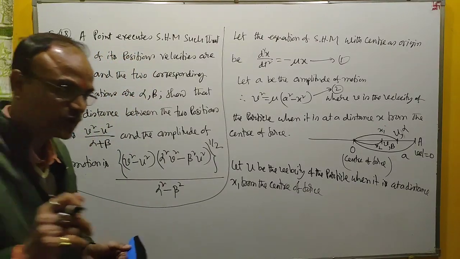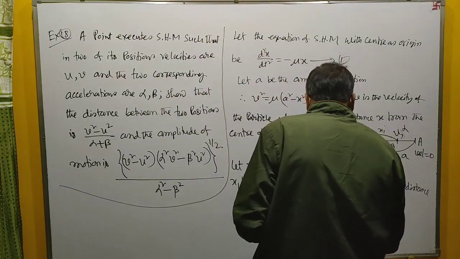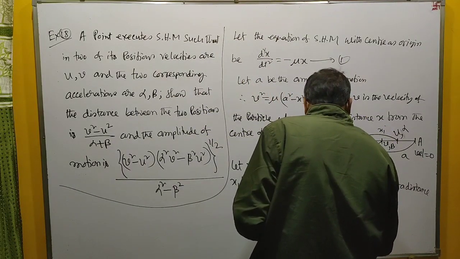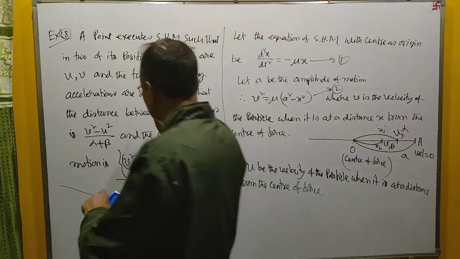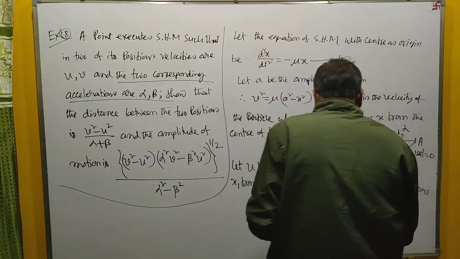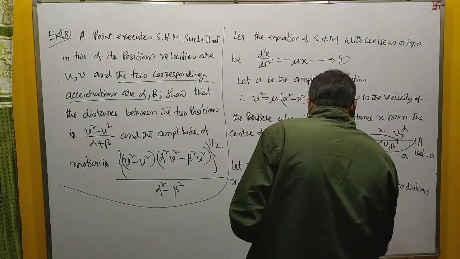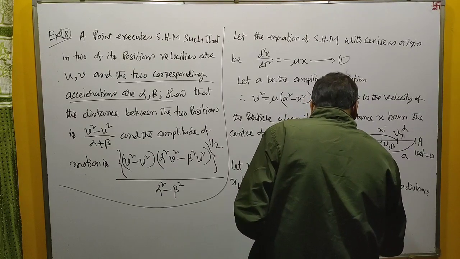Suppose alpha is the corresponding acceleration at that point, and the two corresponding accelerations are alpha and beta.